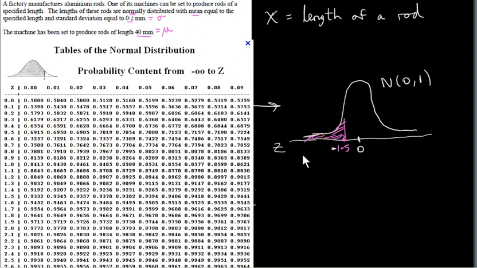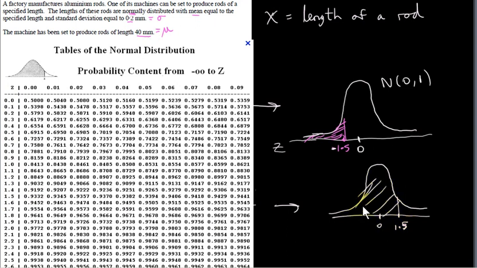Well, we have to consider the area to the left of plus 1.5, because only positive z values are tabulated here. So what we've got to do is consider this area here by reading a z value of 1.5.